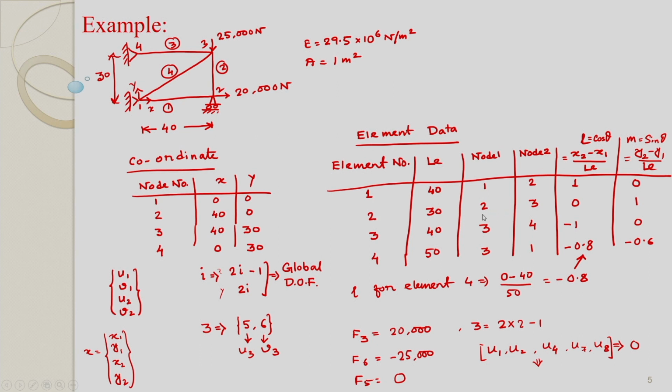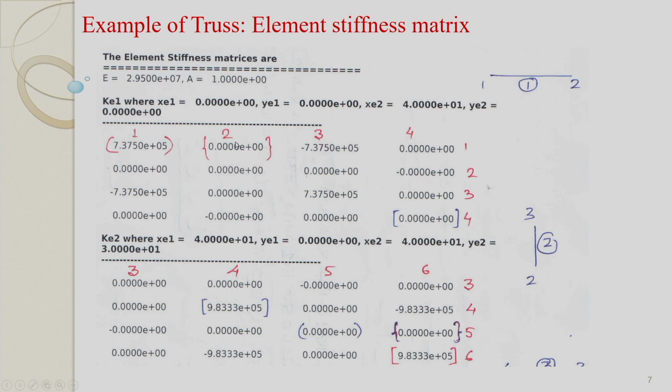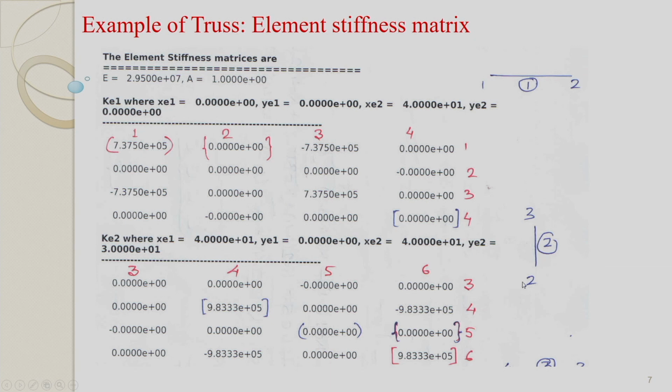For element 2, first node is 2, second node is 3. So, global degree of freedom is 2i minus 1, where i is 2, so 3 4 5 6. We have to give this global degree of freedom number to each row and each column, which helps us in assembly.